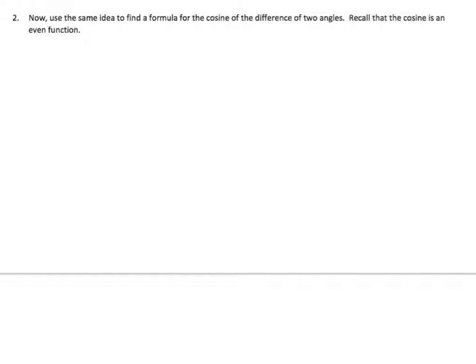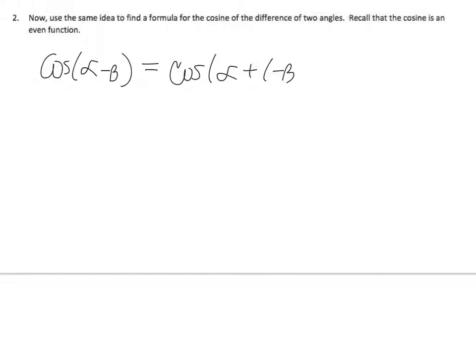Okay, we're going to do the same thing for the difference for cosine alpha minus beta. That would give us cosine of alpha plus a negative beta. So we're going to use the equation we've already discovered.